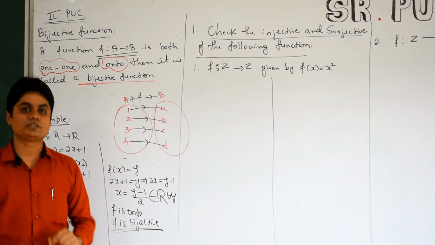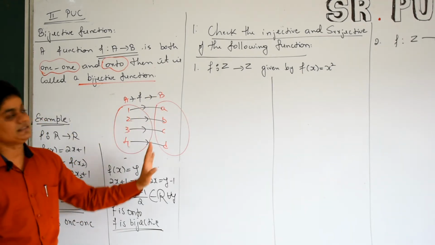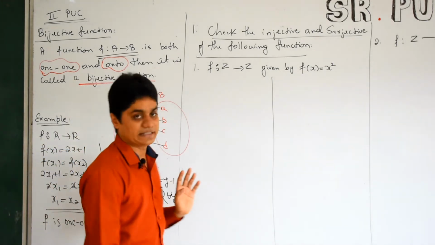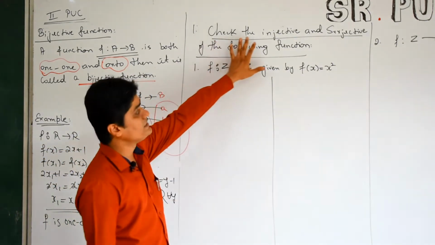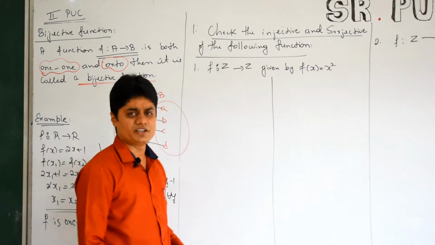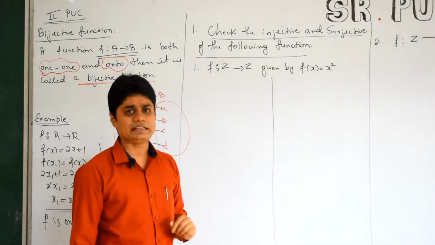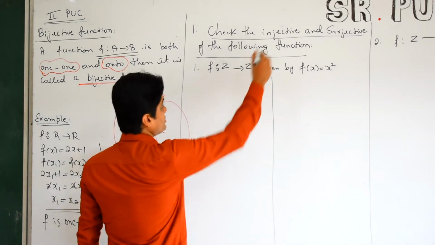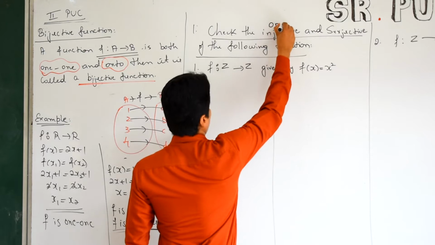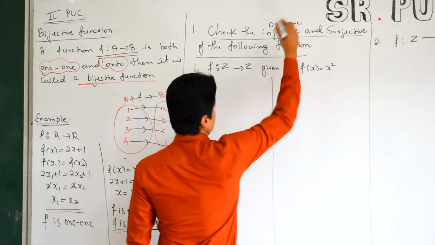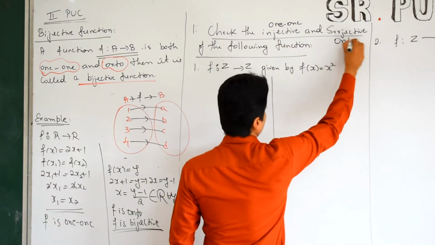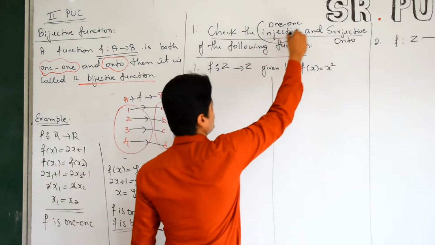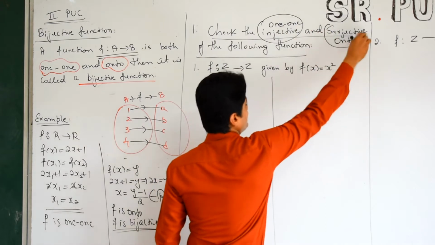Now we are going to solve some problems from the exercise. This exercise is purely based on 1-1, onto and bijective. The first question in the exercise is: check the injectivity and surjectivity of the following functions. I am using two different words here, injective and surjective. Remember, a 1-1 function is also known as an injective function.